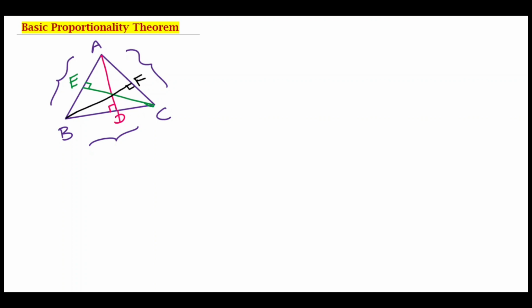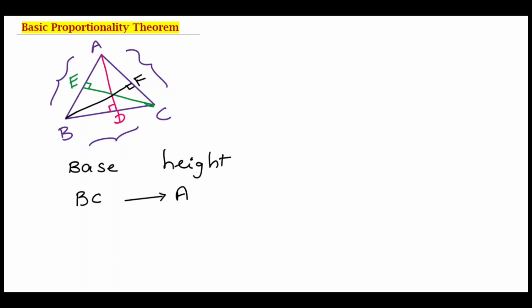So what I'm going to tell here: this triangle has three sides, and we can consider any one side as a base. I'm going to write here base and its corresponding height. If you consider BC as a base, then its height will be AD.